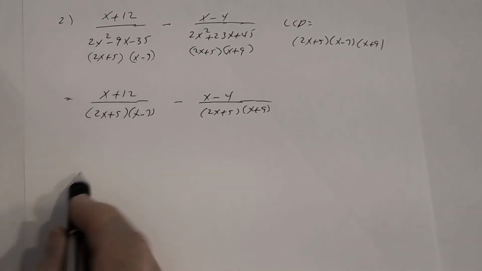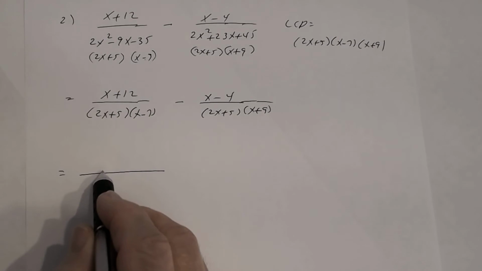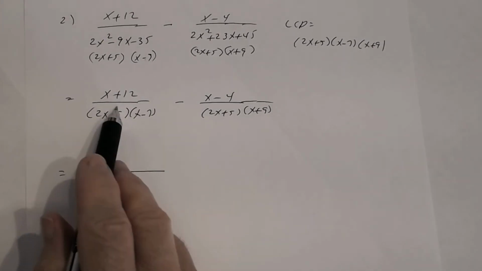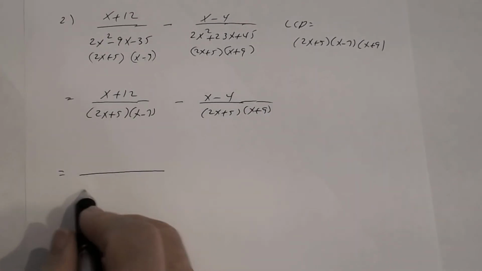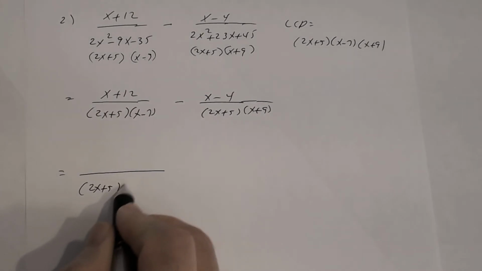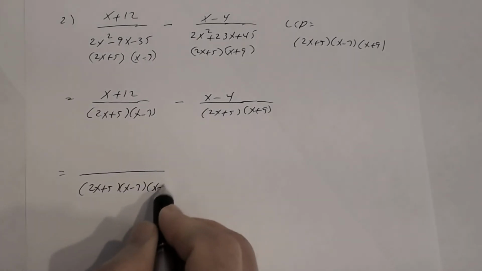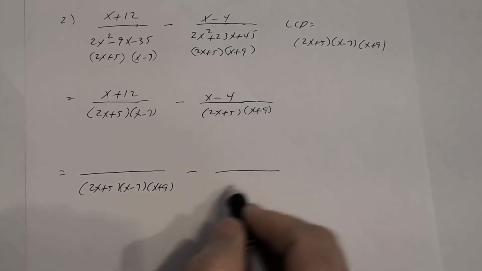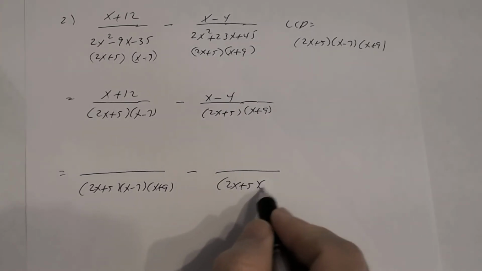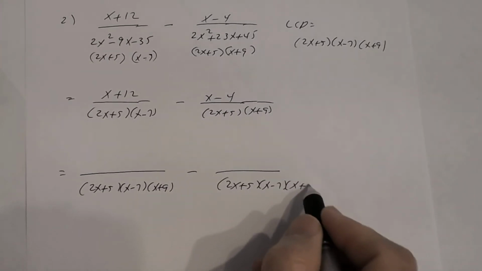So this denominator, I want it to be this: 2x plus 5 times x minus 7 times x plus 9, minus, and same thing here, 2x plus 5 times x minus 7 times x plus 9.